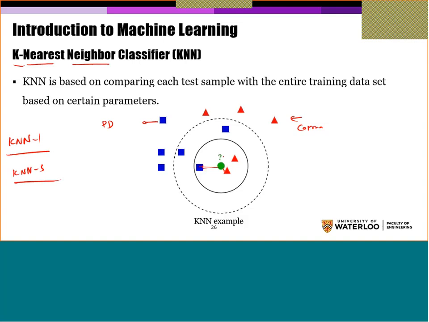So what I will do, I will take the distance between this and this, the 3 closest points to it, and then I will take the absolute value of these vectors, their magnitude, and I see this one belongs to this or to this. Sometimes if you use KNN 1, maybe it will belong to corona. If you take 3 vectors, KNN 3, it will belong to the other one, and so on and so forth.